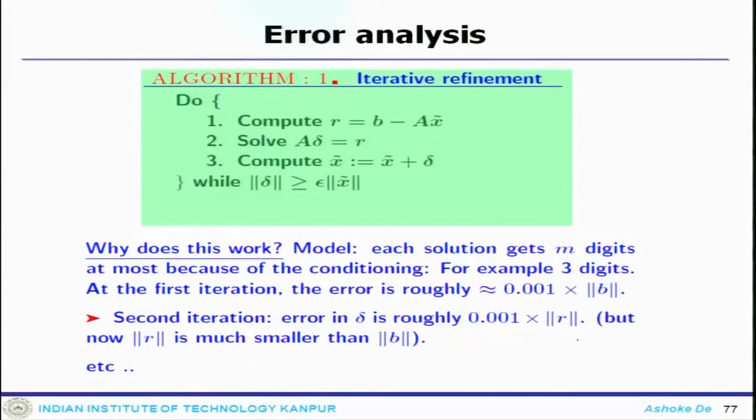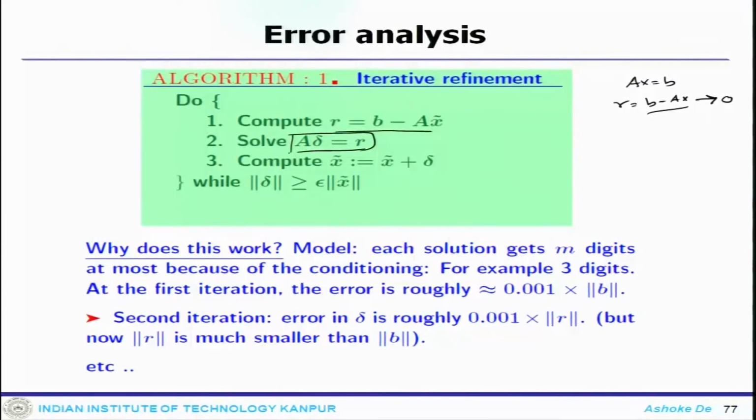Now, what is that refinement algorithm? If one has to see through the pseudo algorithm, you first compute the residual vector b minus A x prime, then you solve for A delta equals r. Now if you see, your original system was A x equals b and your r is b minus A x. So, theoretically when you get the exact solution, this should approach 0.